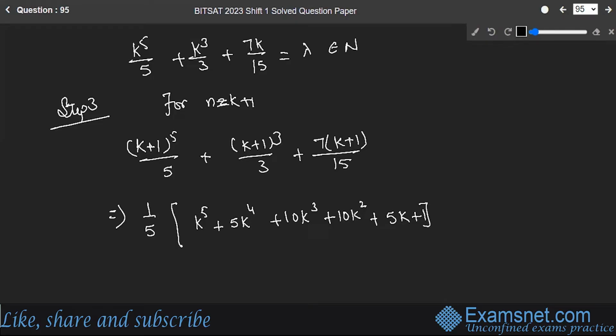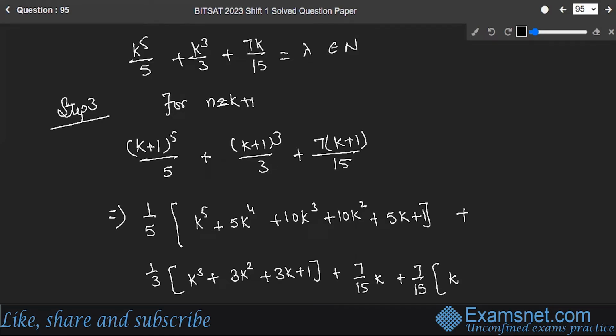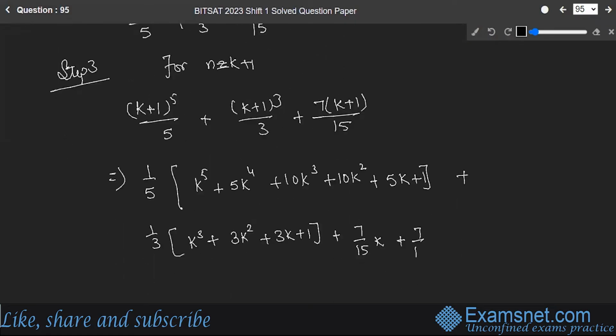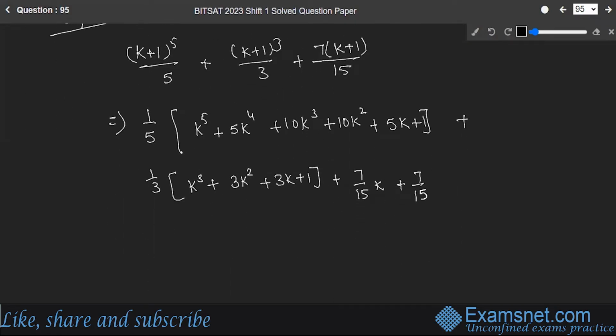And this will be 1 by 3 times k power 3, 3k square, 3k plus 1, plus 7 by 15 k plus 7 by 15.